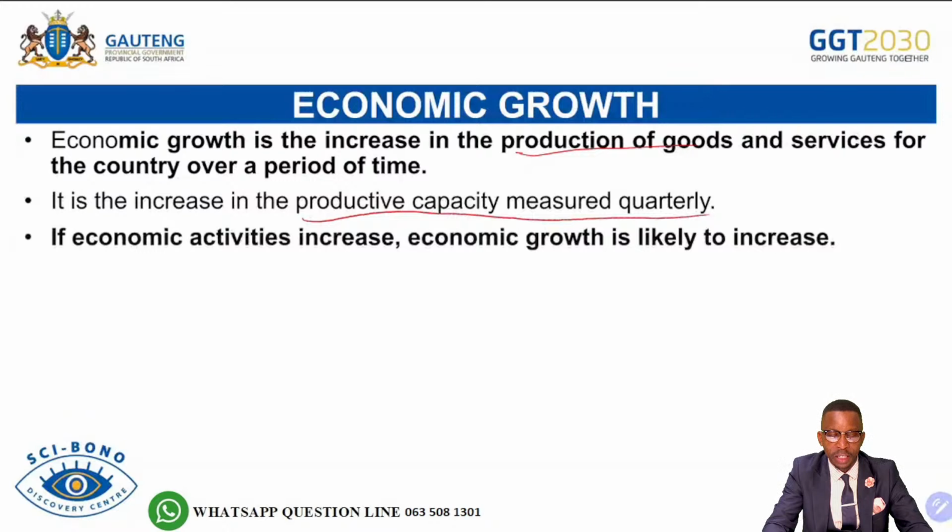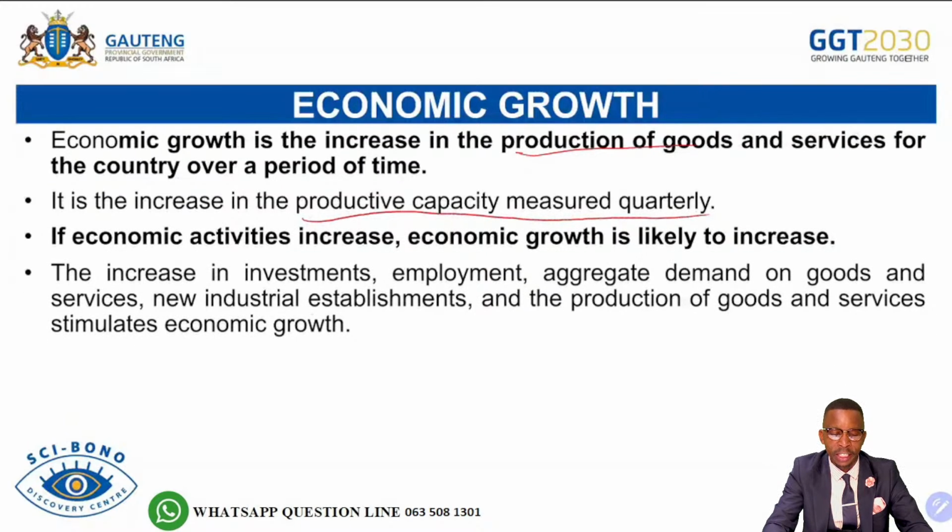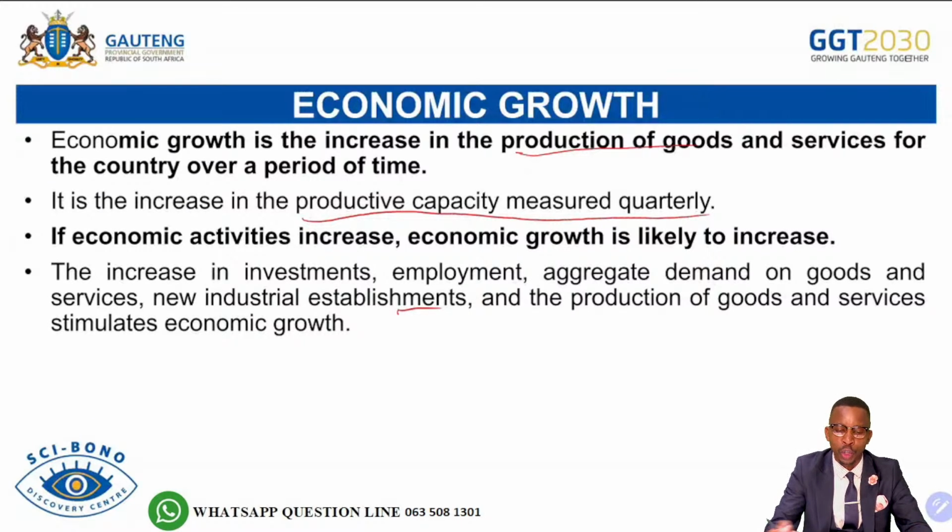If economic activities increase, economic growth is likely to increase. So the increase in investments, employment, aggregate demand on goods and services, new industrial establishment, and production of goods and services stimulates economic growth. Whenever within the economy there is more inflow of investments, especially direct investments, that can lead to more job creation and more income available in the economy.